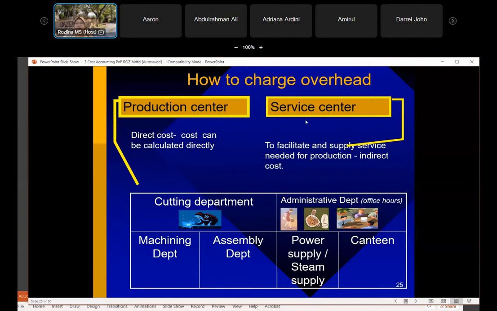This is a service center. And also we have power supply, steam supply. Like the boiler, it also takes a lot of space. And then we have the canteen. All of these are service centers, to supply the services needed for production. We call it indirect cost.